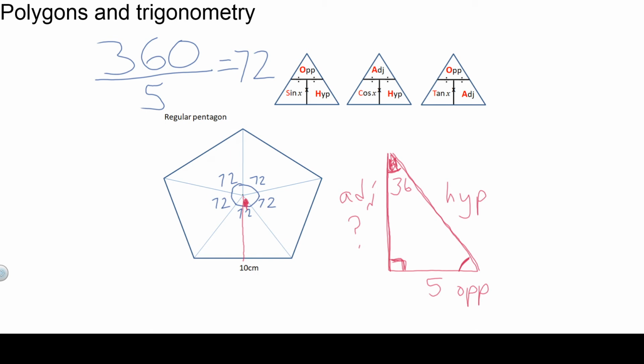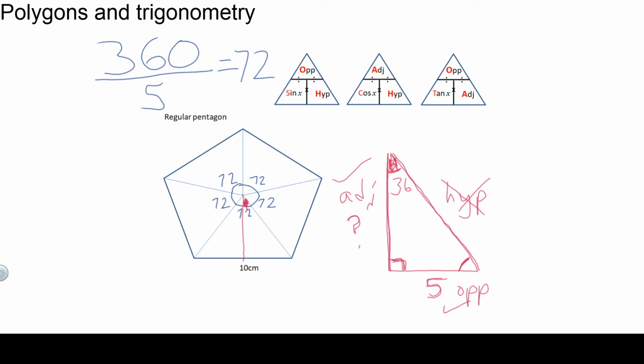Now we need to decide which one of those 3 words we don't need. We need opposite because there's a number that plays a part in this. We need the adjacent for sure, because that's the side we're trying to work out. The side that we don't need in our calculation is the hypotenuse, because there is no number there, and that's the side that we're not after.